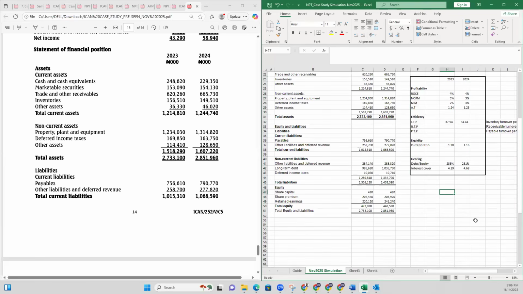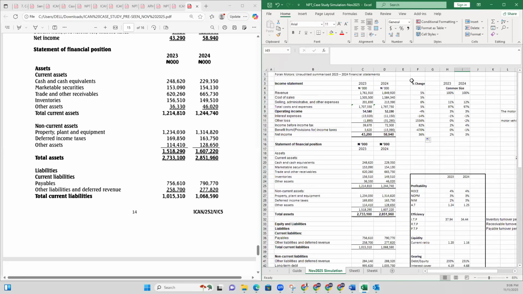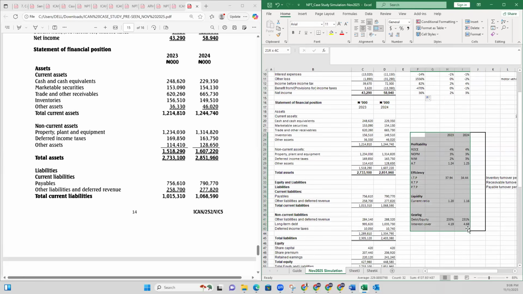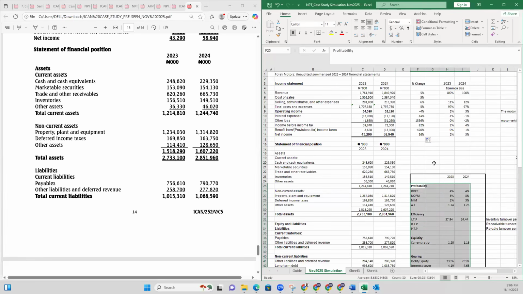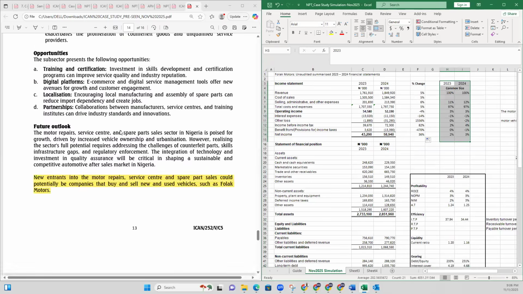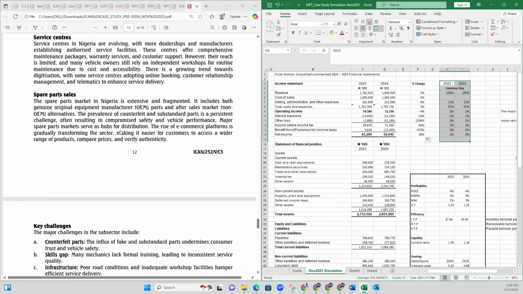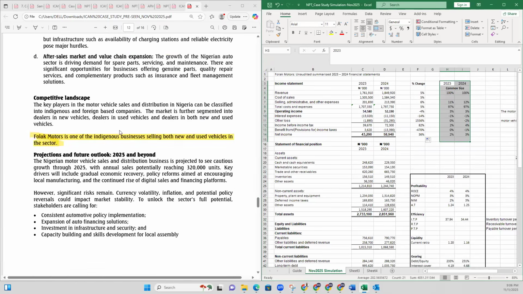So in conclusion, in your Preseen report, you are expected to do a ratio computation, at least to show the change and the common size, and compute these basic ratios and be able to speak to these numbers in terms of what has happened between 2023 and 2024. And to be able to explain some reasons for the changes, the only thing you can leverage on right now is your understanding of the industry.